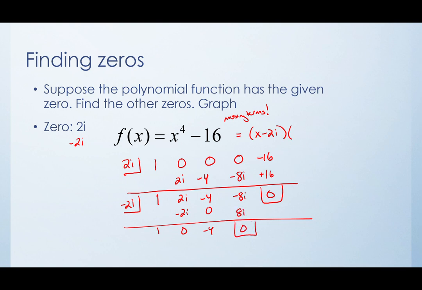And so we've got that. So we just showed that negative 2i is a factor. And we're left here with x squared minus 4 equals 0, which is a quadratic that hopefully you know how to factor here, right? Because it's a difference of squares, x minus 2, x plus 2.